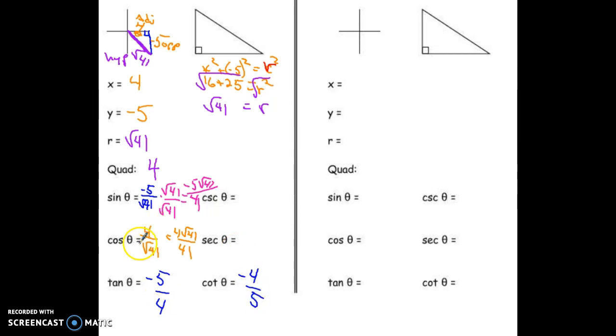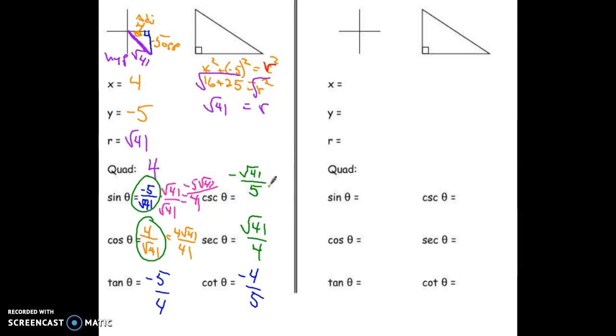When I flip this, and I'm going to look right here, don't flip our answer, look here, square root of 41 over 4, then we don't have to do any rationalization. You would have if you flipped this guy. Okay. And finally, when we flip this guy, we get square root of 41 over -5. I'll put the negative in the numerator.